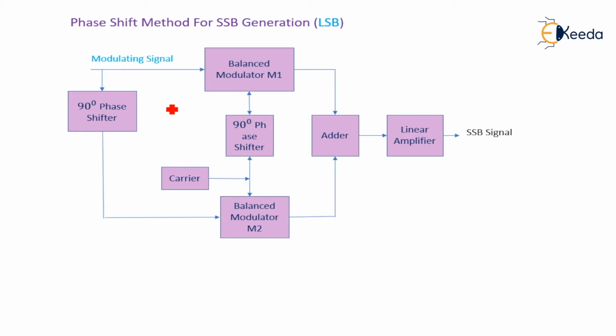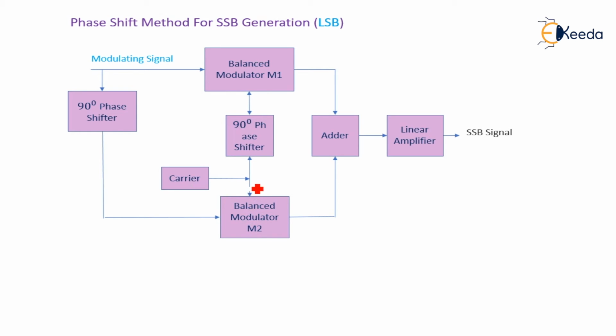Now the modulating signal and the carrier add in such a way that, with the help of the 90-degree phase shifter, here actually 0-degree phase shifted balance modulator 1, the second balance modulator input is 90-degree phase shifted, meaning modulating signal here m of t plus 90 degrees. An additional phase shift of 90 degrees is provided to the balance modulator 2.